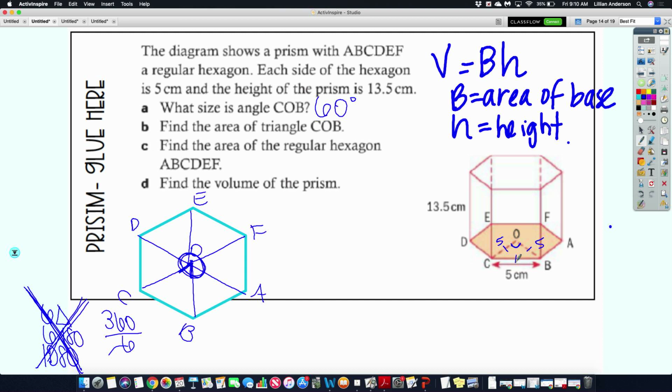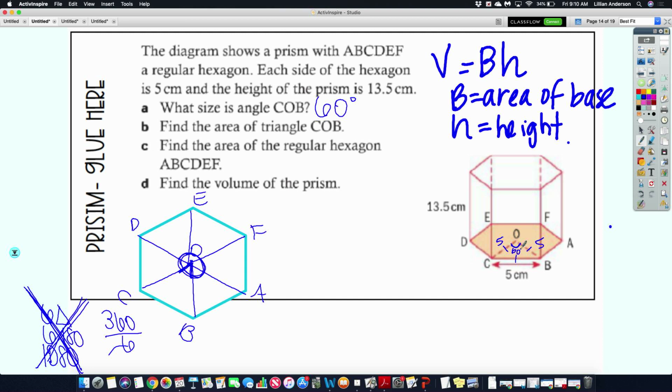So knowing that, and knowing that this angle is 60 degrees, how can I find the area of this triangle? Say again. Okay. What's the height of this triangle? We don't know it. So we would have to technically do some trig to find it.